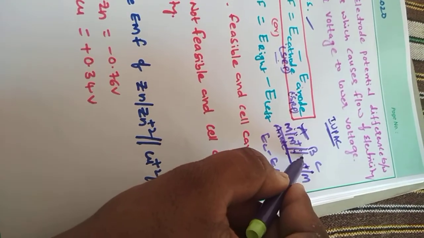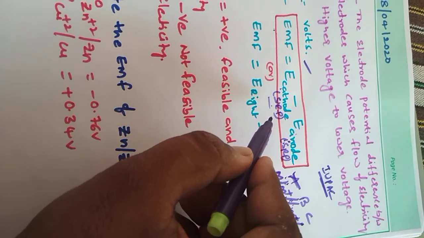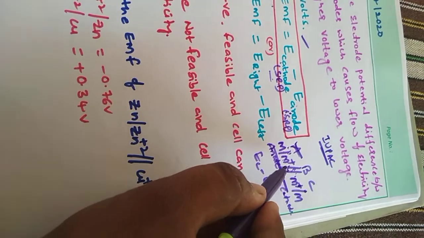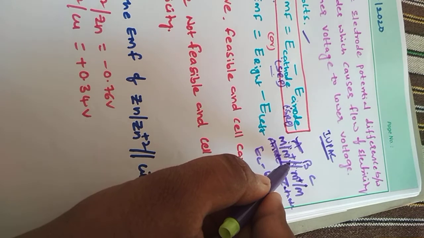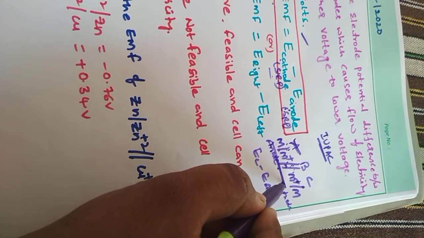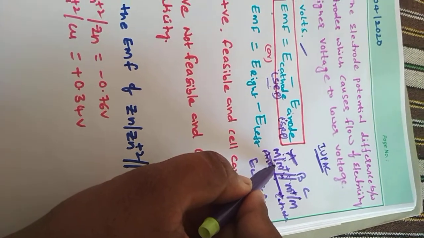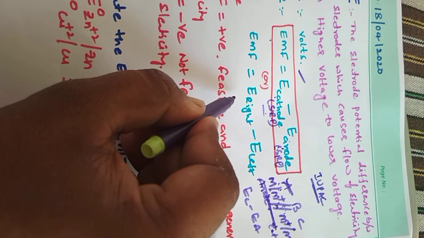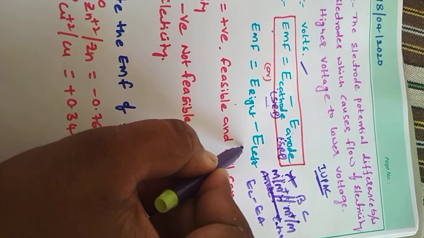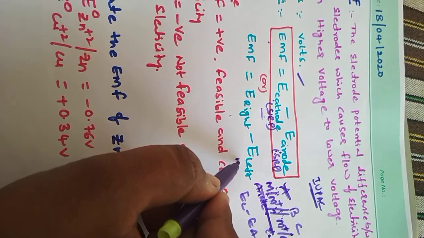By knowing this simple trick, we can easily calculate the EMF of the cell. Another formula: the middle one is the salt bridge, this side is the left side and this side is the right side. We can subtract the right side value minus the left side value, so another formula to calculate the EMF is E right minus E left. These two formulas are used to calculate the EMF.